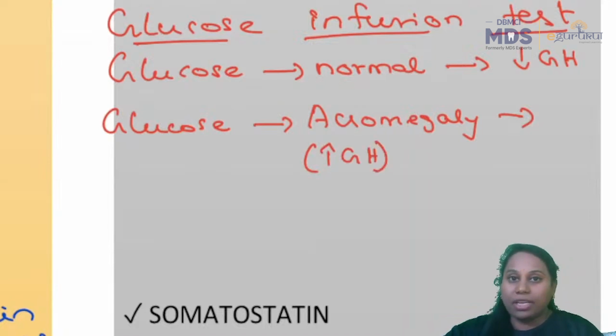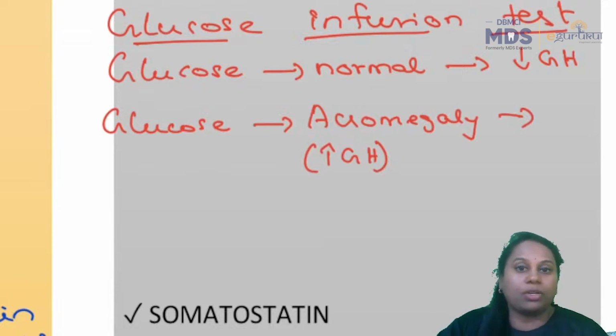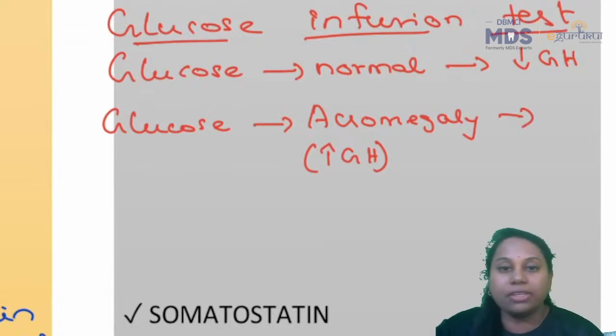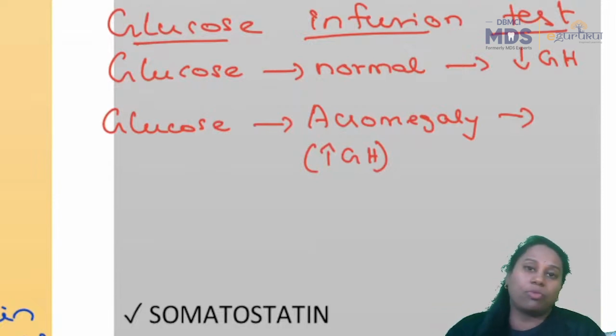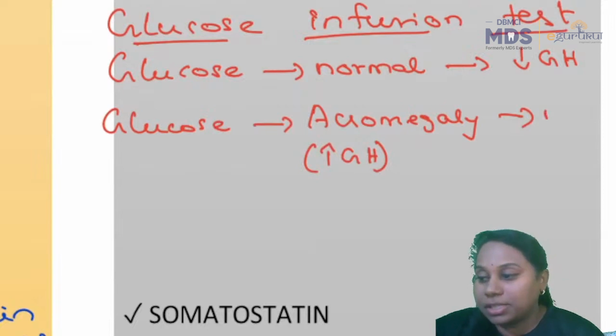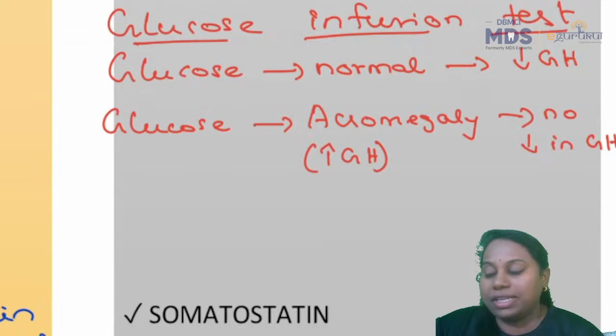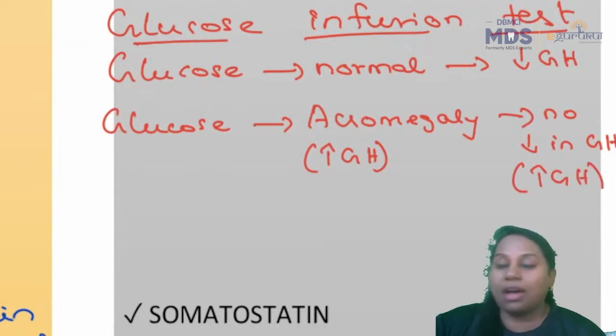So this acromegaly patient is already having so much growth hormone in excess. Even if you infuse glucose, it will not decrease his growth hormone levels because he has so much. So there is no decrease in growth hormone level. Still growth hormone levels are high.